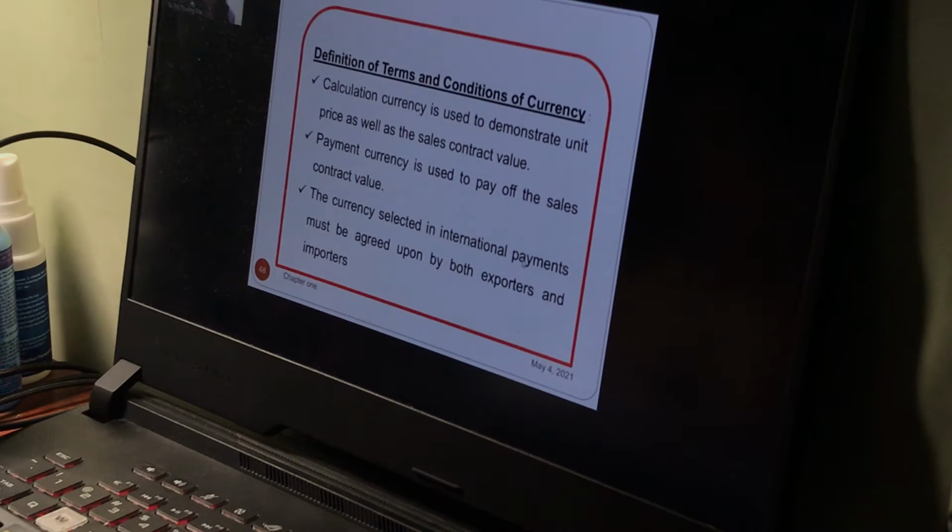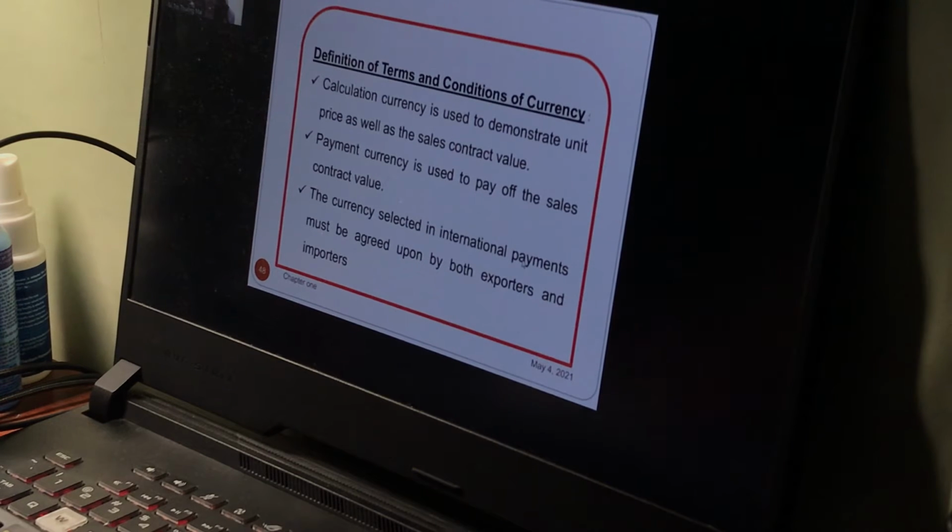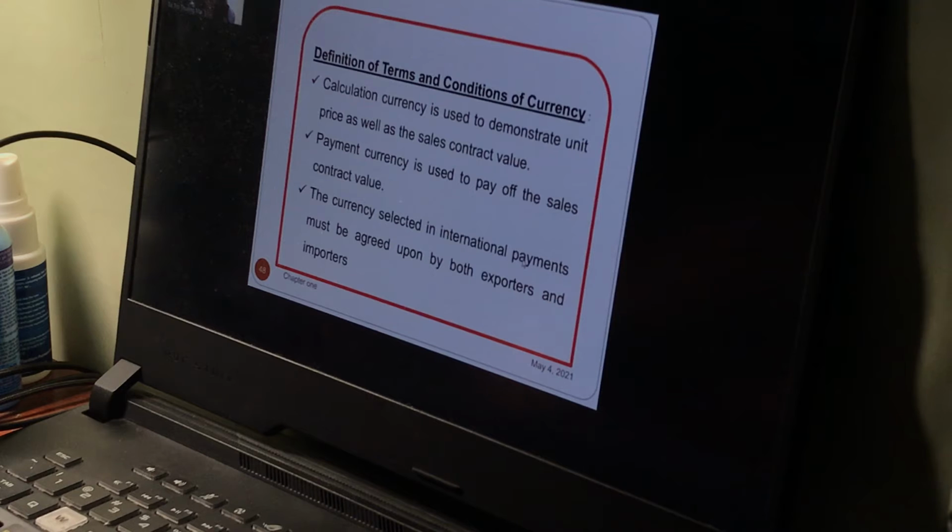If they are a third currency, it will be different from your currency. If Japanese and Vietnamese use US dollars or euro as the calculation currency and payment currency, it will be very different from using Vietnam đồng or Japanese currency. Do you understand my meaning?